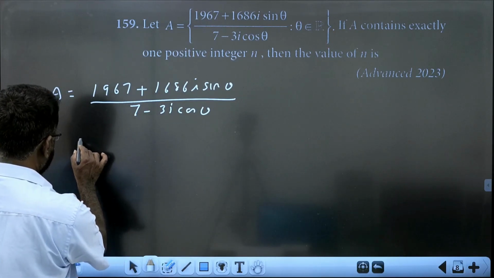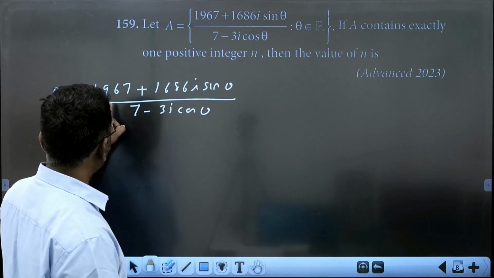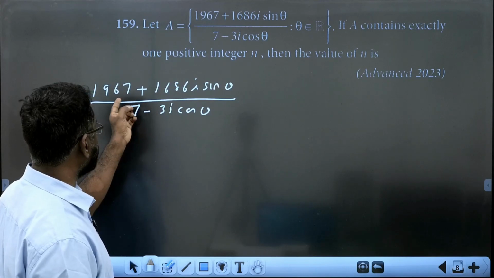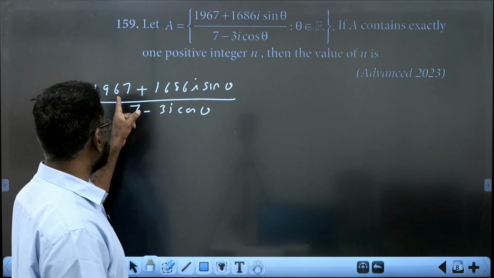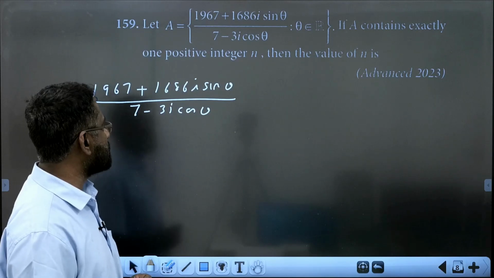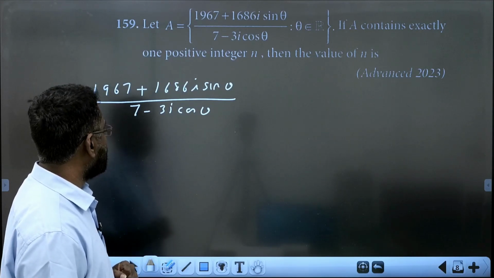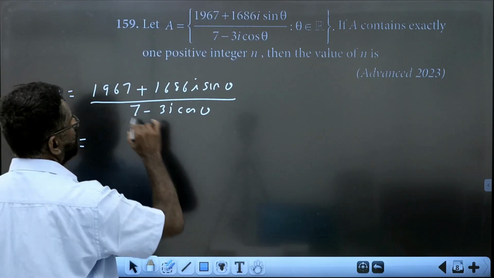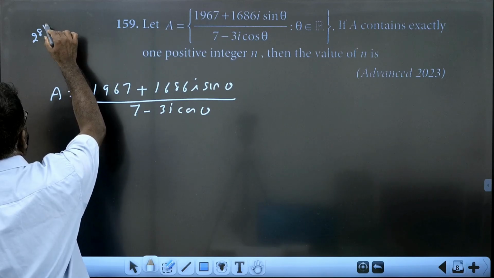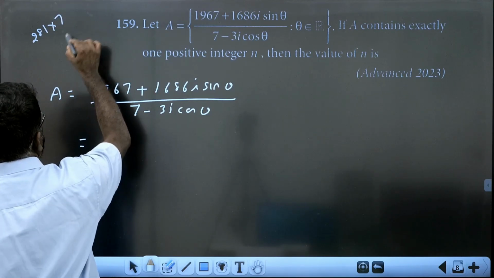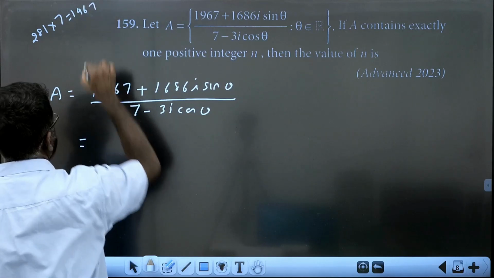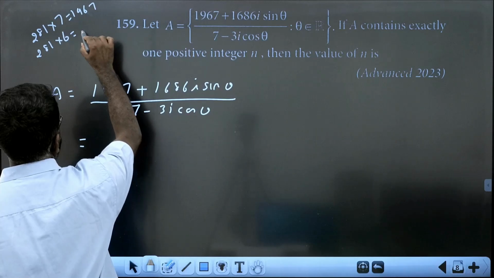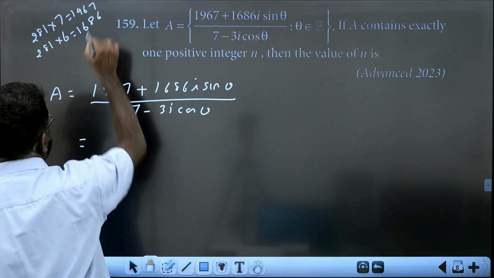So what is the common factor of 1967 and 1686? We can take 281 as a common factor, that is 281 into 7 is 1967, and 281 into 6 is 1686.